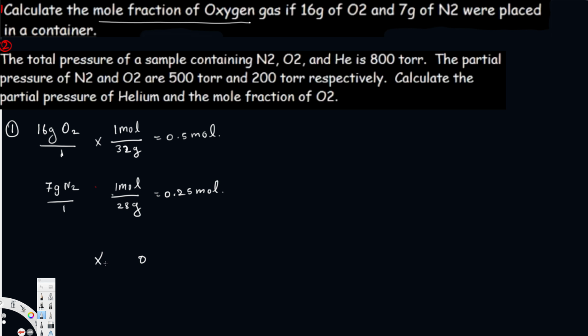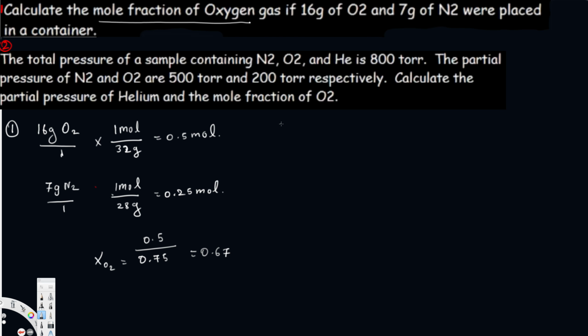So we are trying to find xO2, equal to 0.75 on the bottom. On top, we are going to have the mole of oxygen, that's 0.5. So this is going to be 0.5 over 0.75. And if you calculate this value, it comes out to be 0.67. And this is the mole fraction of the oxygen. And that answers the first question.